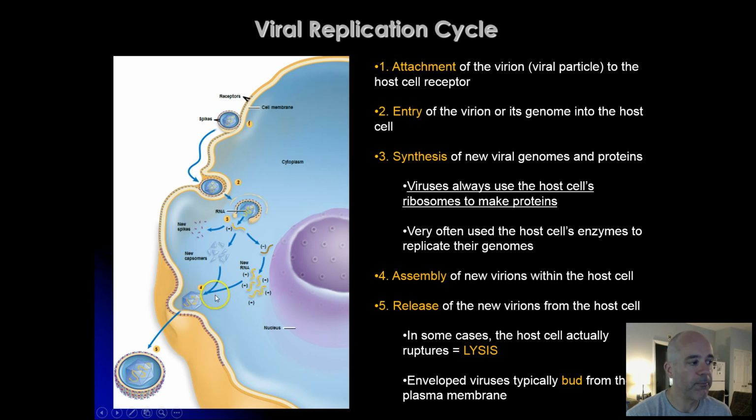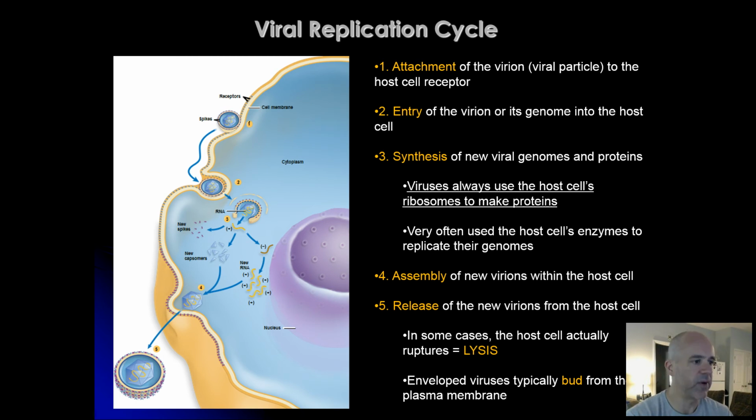But what budding means is you'll have the genome of the virus surrounded by a capsid, like you see right there, and that capsid enclosed genome pushes itself through a cell membrane and wraps itself with an envelope. Remember from the last video clip, we said an envelope is actually some of the phospholipid membrane of the host cell that the virus has stolen as it assembles itself and buds from the host cell.